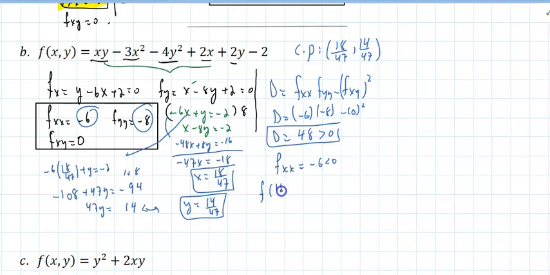I'm getting f of 18 over 47, 14 over 47.